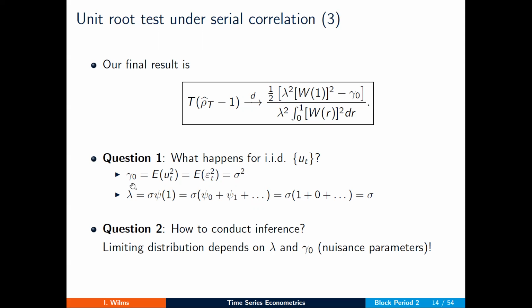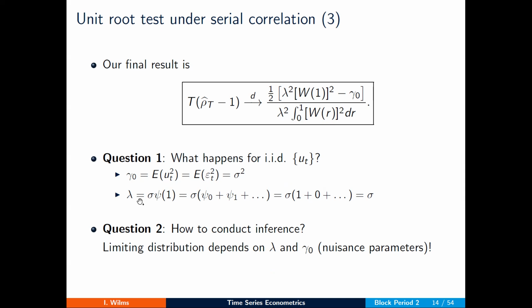What would gamma naught be in the IID case? Well, from the definition, gamma naught is nothing more than the expected value of the squared errors, the u's. If the u's are IID, then the u_t's are just immediately equal to the epsilons. And this would be equal to the variance of the IID errors, since the expected value is 0. What would lambda be? Remember, lambda squared is a long-run variance.